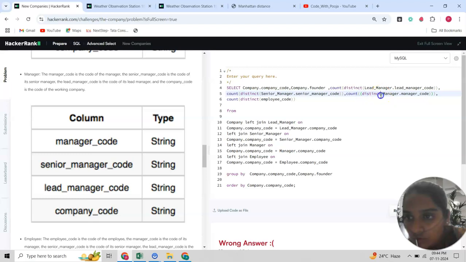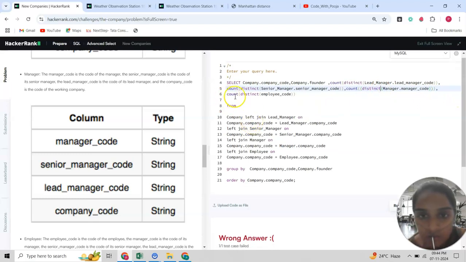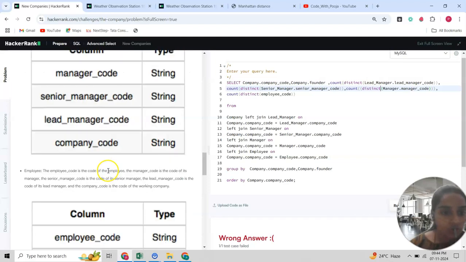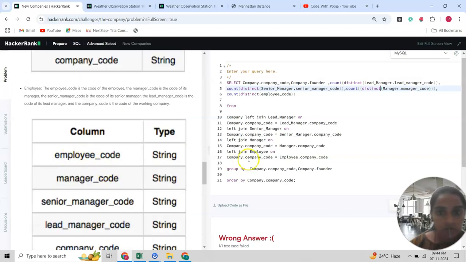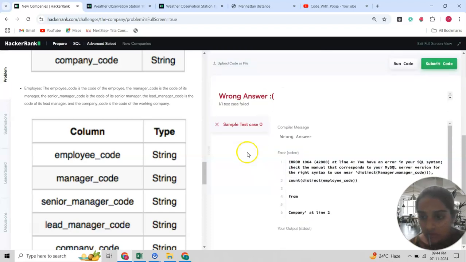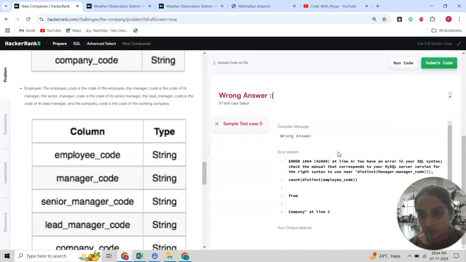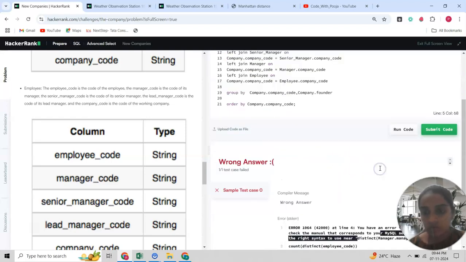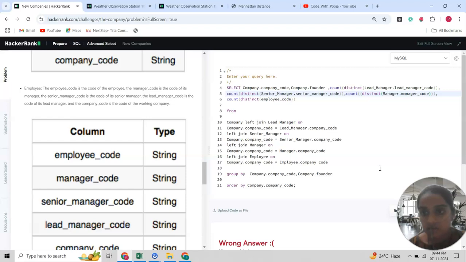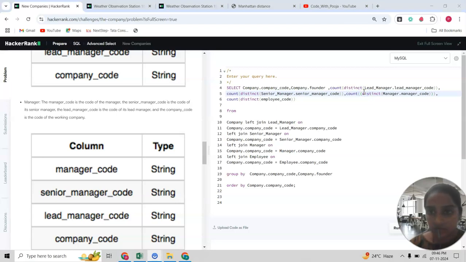I think no, it's three and three here. Count distinct employee code. Then why is it giving an error? Syntax error corresponding to the version. I'm using MySQL. Let me see. Yeah, the point is that I am using one extra bracket, that's why it's giving me an error. So now it's fine. Yeah, it's fine.